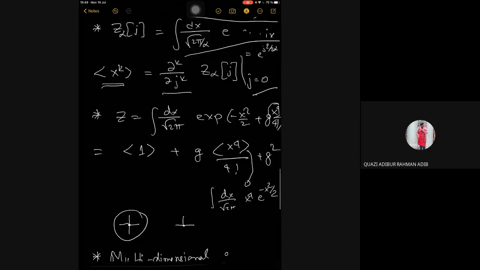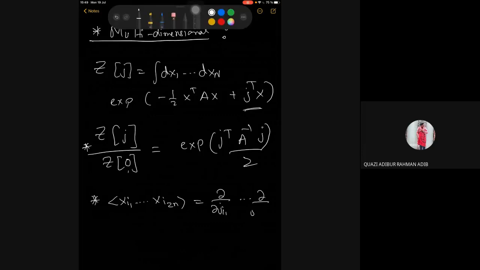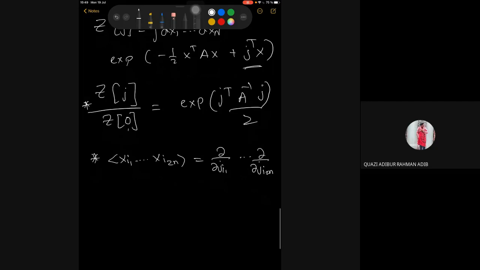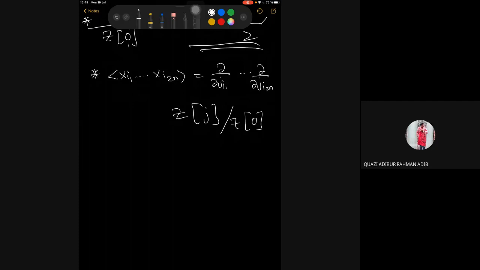Yes, you have to take derivatives with respect to j, and you get your correlation function or expectation value, whatever you want to call them.